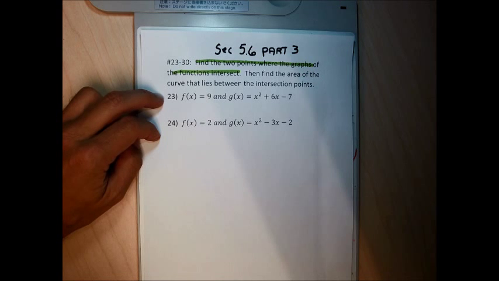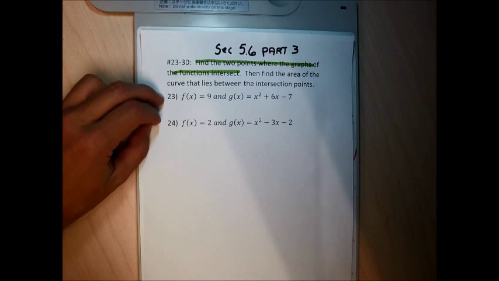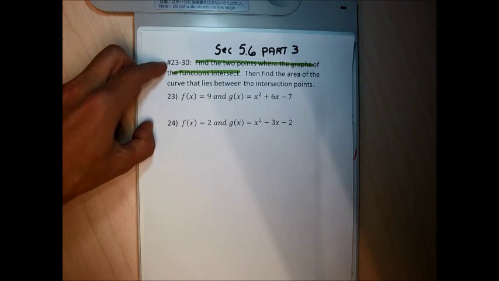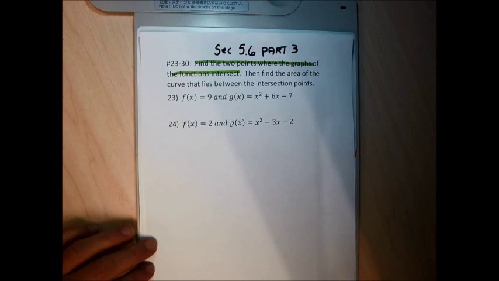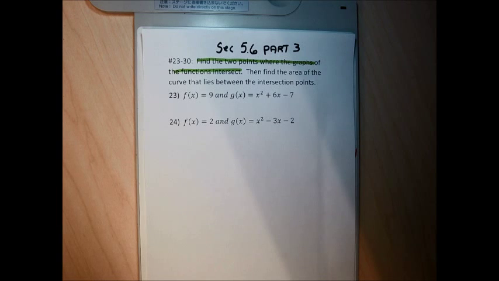Now, how I'm going to create my interval to integrate over is to find 2 points where the graphs of the functions intersect, and I'm going to use those two values of x as the values that I'm going to integrate over. So for each of the problems between 23 and 30, they're kind of a two-part problem.